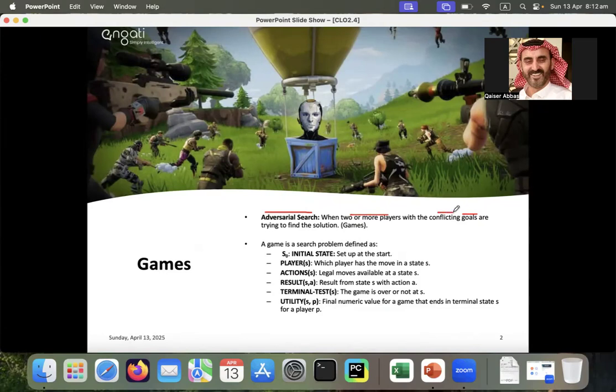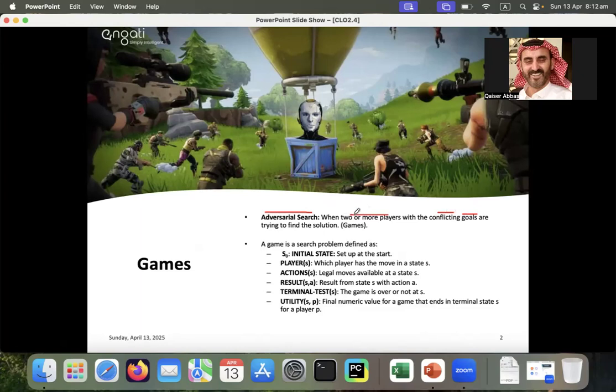In simple words, every player wants to achieve that same goal, and this is the environment of adversarial search.